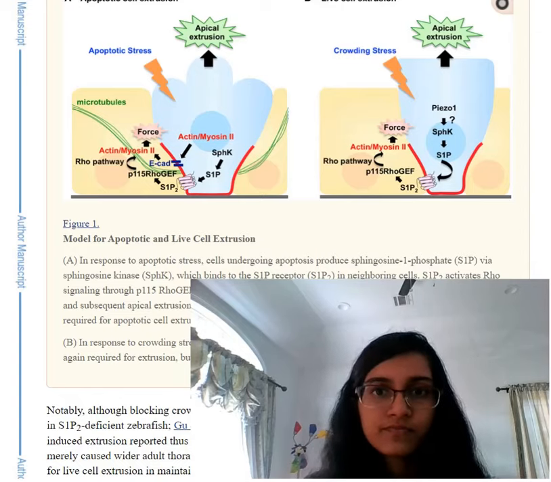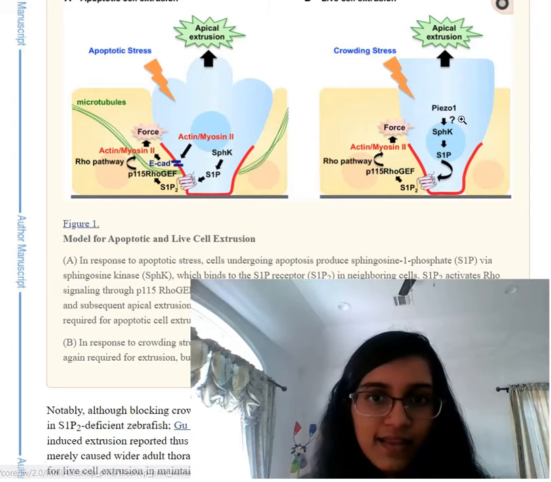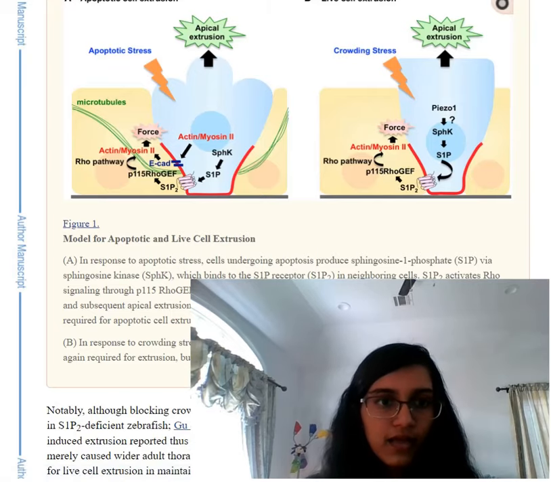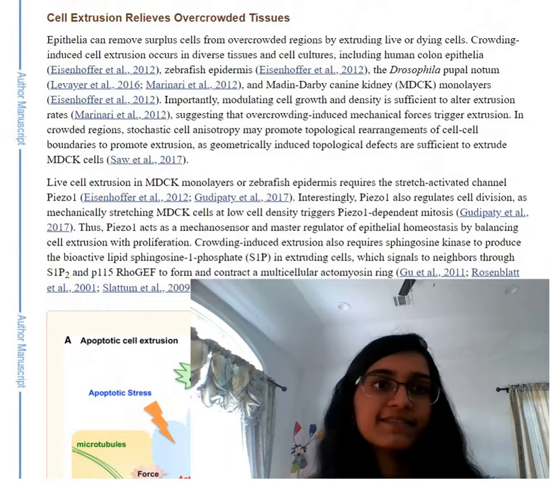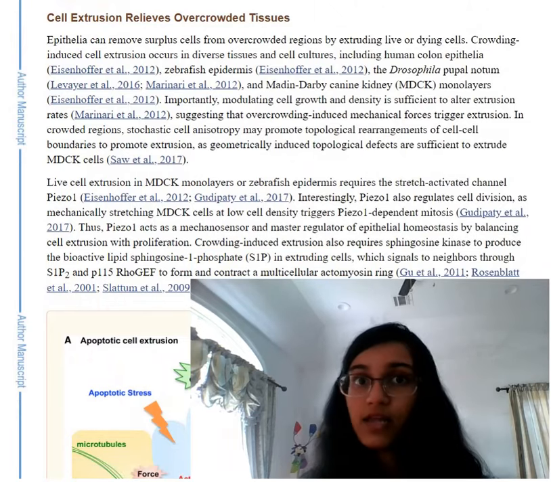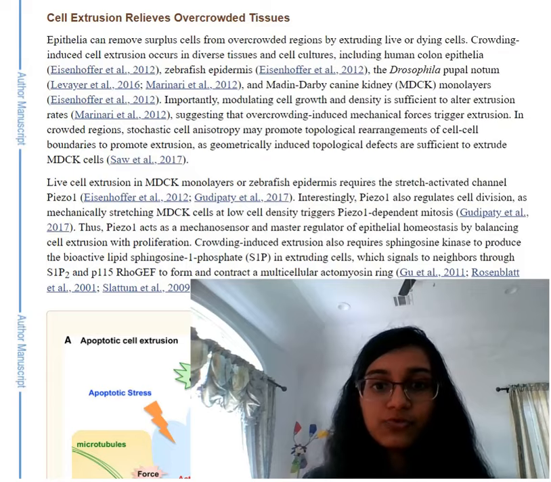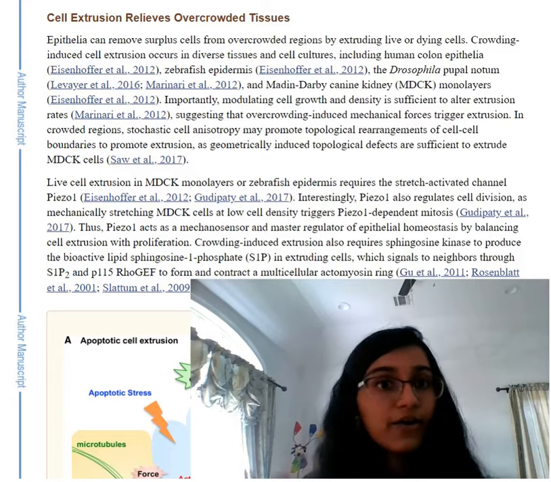So yeah, unfortunately that's still a mystery, but we do know this pathway happens in this form. Okay, so we can now go to the actual text itself, and it's going to be a lot easier to understand now since we've got the gist through the diagrams.